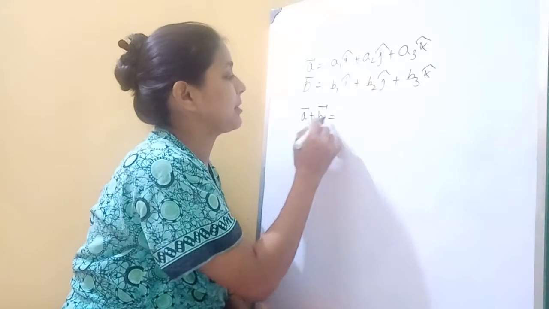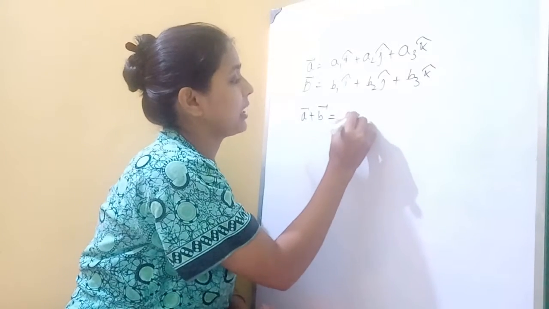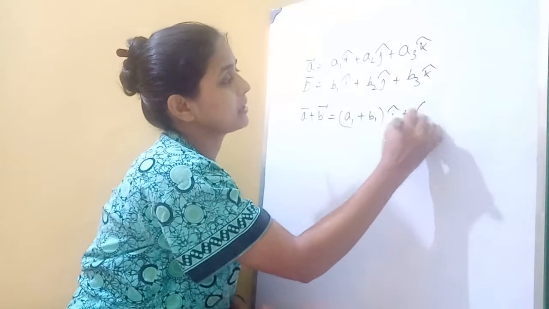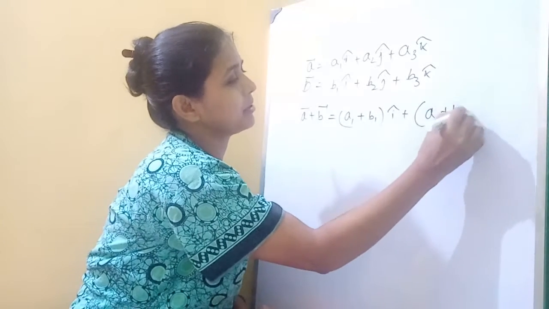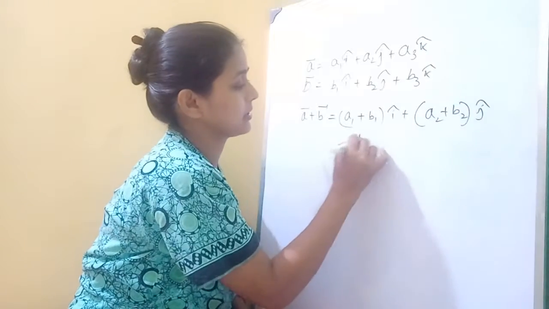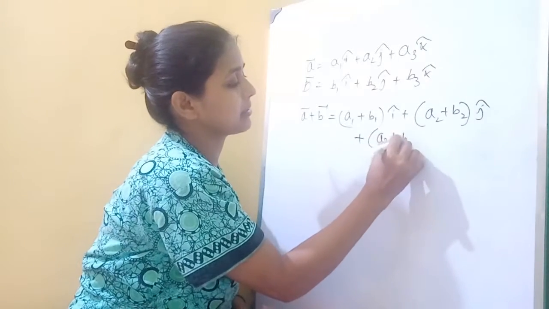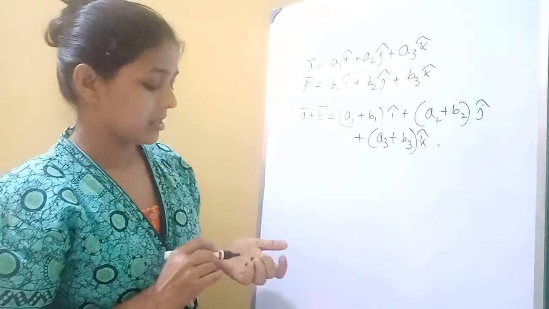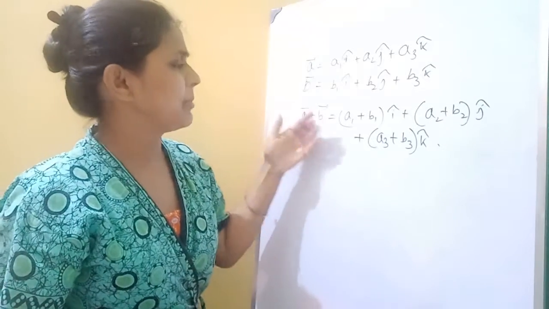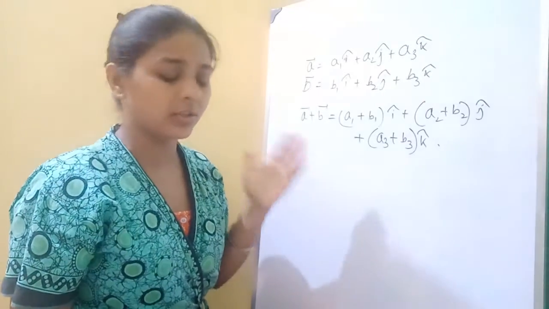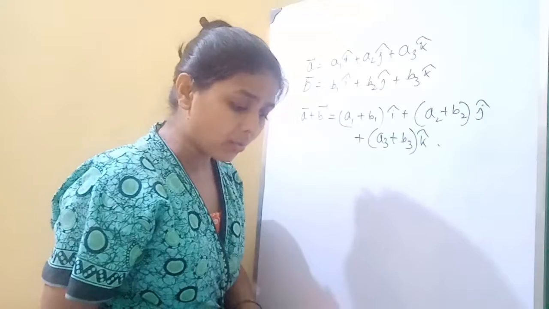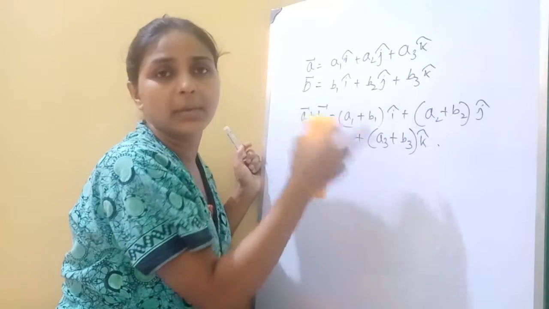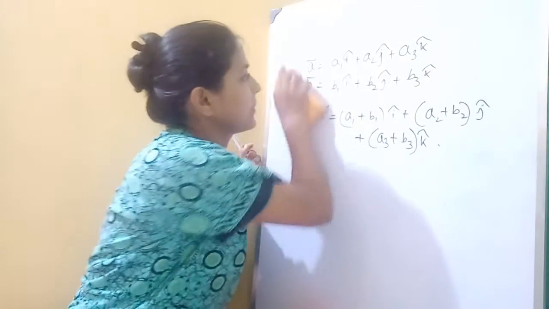So A vector plus B vector is equal to (A1 plus B1) i cap, (A2 plus B2) j cap, (A3 plus B3) k. Similarly for subtraction also. So these are for subtraction and addition, same.